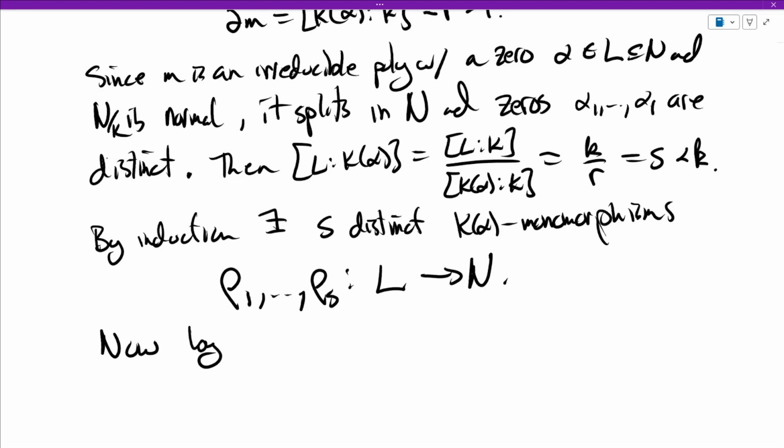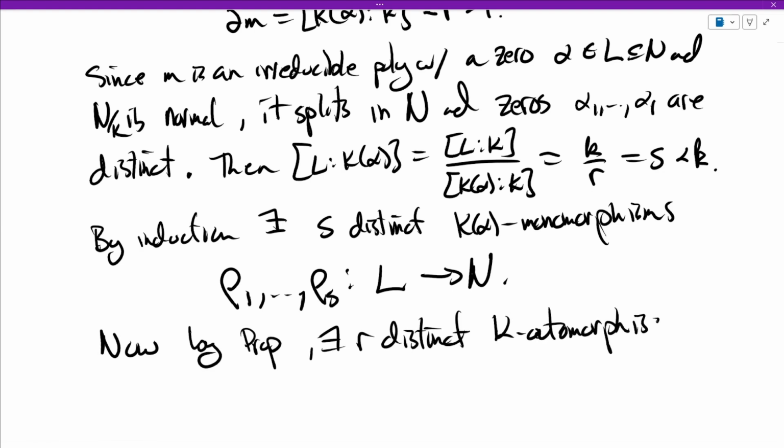The normal closures are splitting fields that send a root alpha to any of the others. So by one of the propositions we proved, there exist r distinct K-automorphisms, r being the same number as the roots, tau 1 through tau r from N to N.